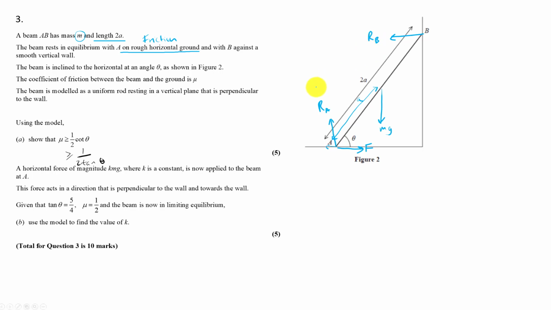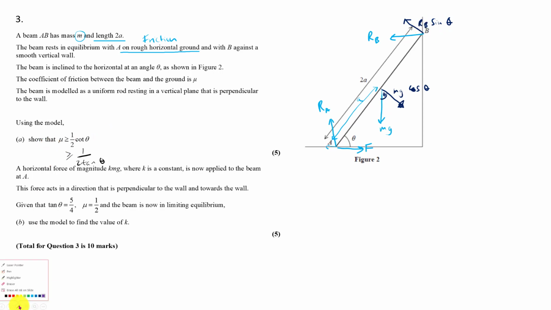Because we're going to have to take moments, and it's got to be perpendicular, that's going to be theta, so we know that's mg cos theta, and this way is going to be RB sine theta, and that's nicely labelled here.